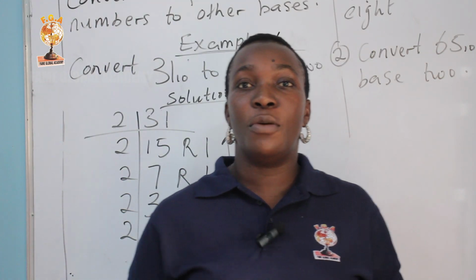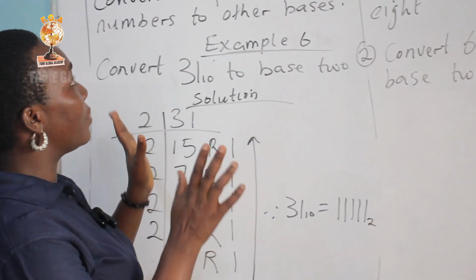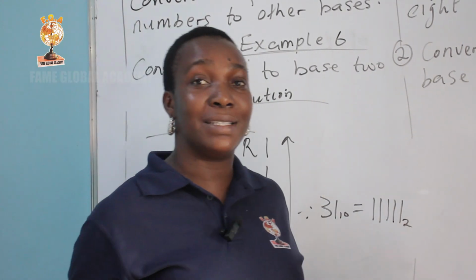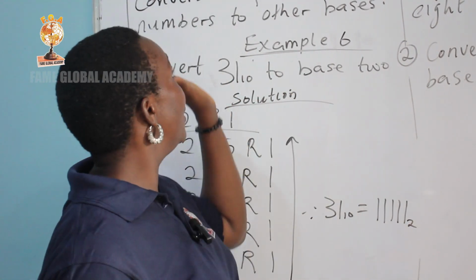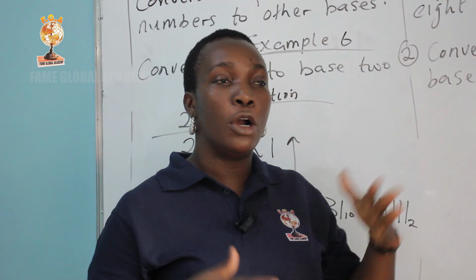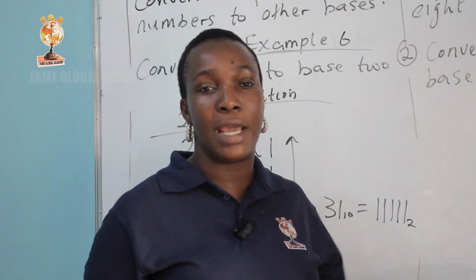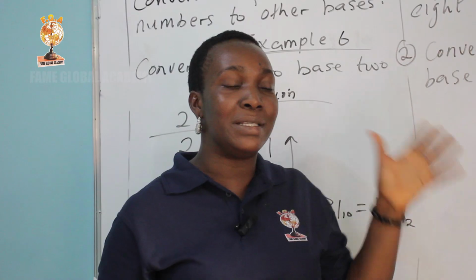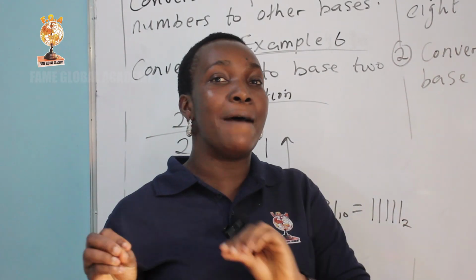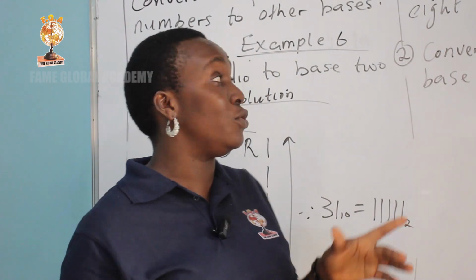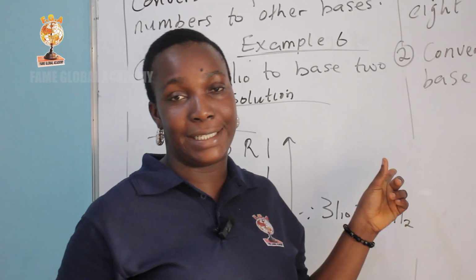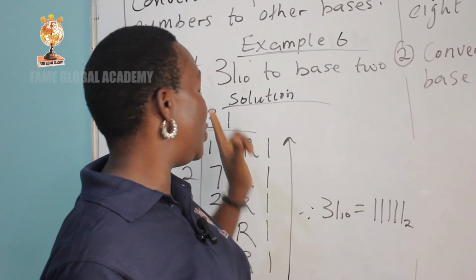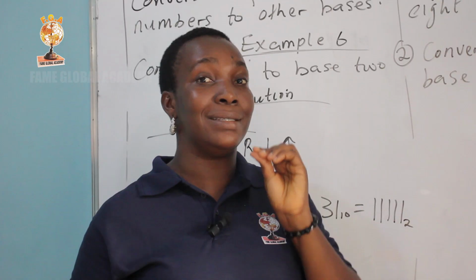Okay, so the summary of today's class: we started with the definition of mathematics and we did the number base system, converting from base 10 to other bases. Anytime you are converting from base 10 to other bases, it is that base you are converting to that you use to divide. And you divide till you get an answer 0.